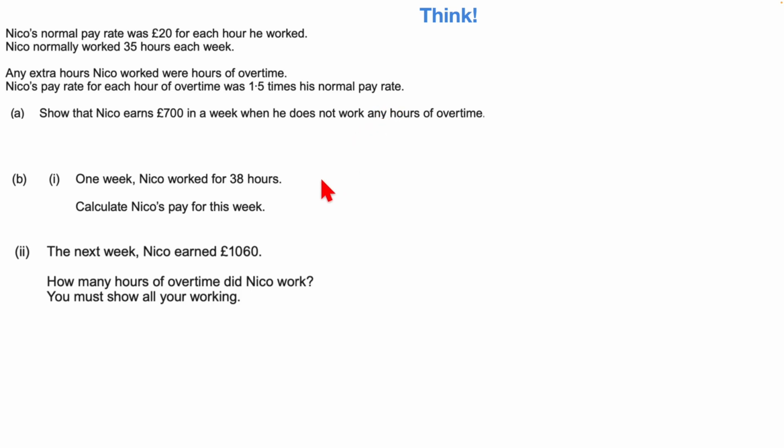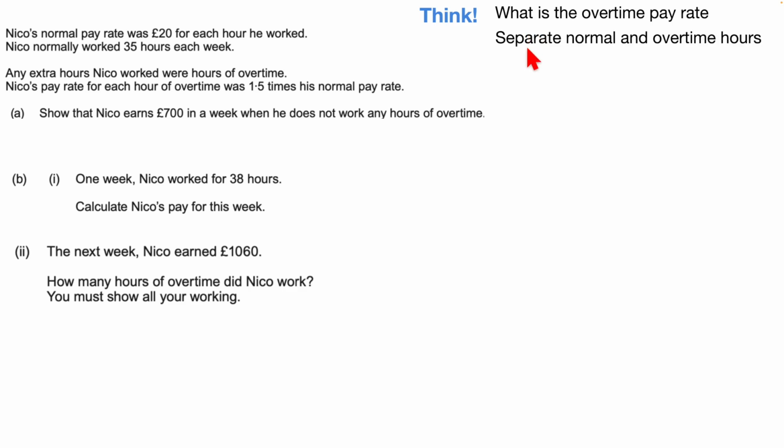This is clearly an overtime question, and my first thought is, what is the overtime pay rate, and separate the normal and overtime hours. So I have two columns, normal and overtime. The rate for normal hours is 20. The overtime rate is 20 times 1.5 equals 30. And the normal hours, 35.